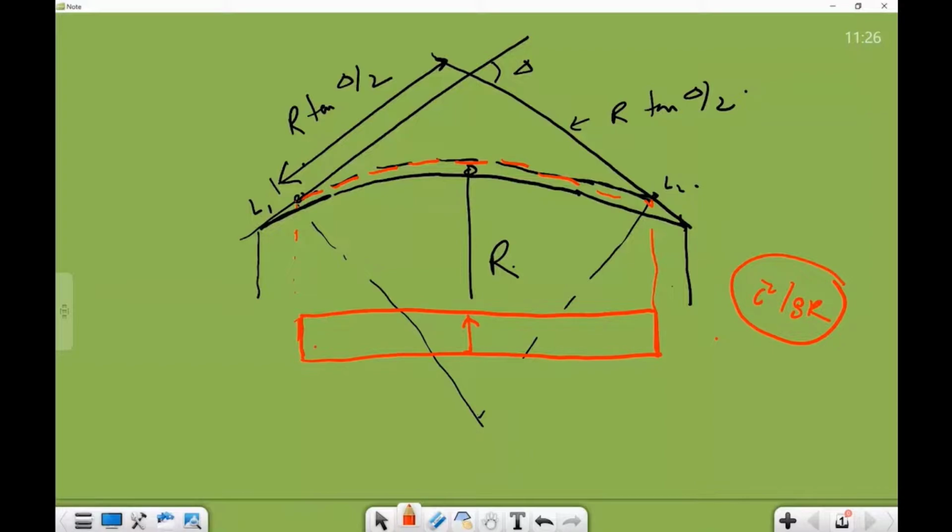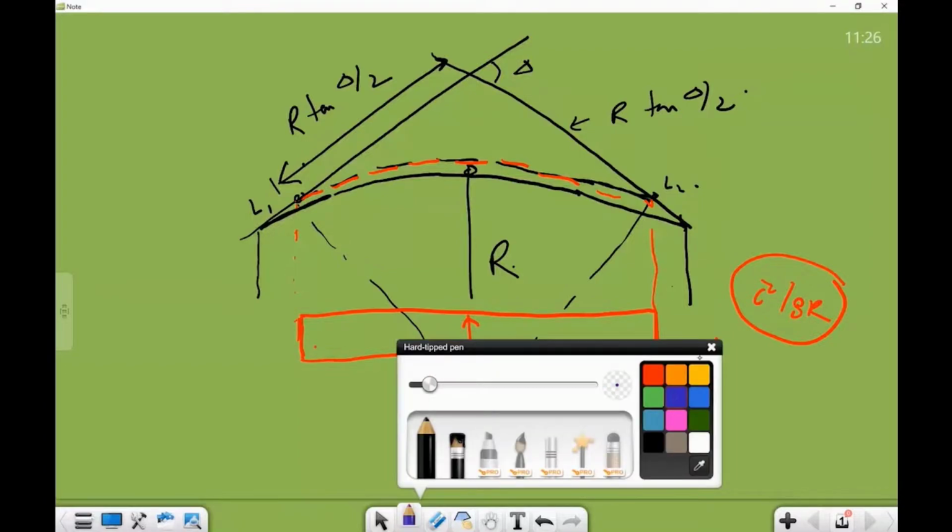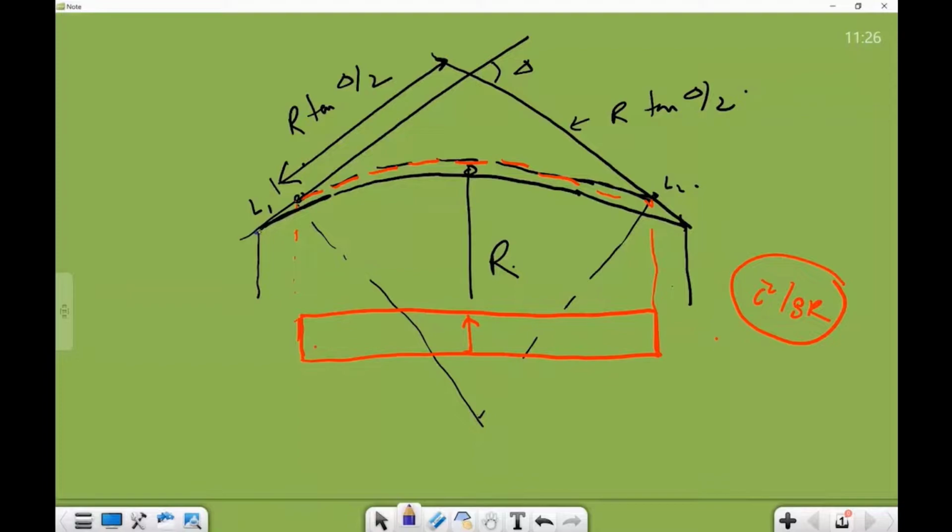When I provide a transition, my Versine diagram changes. Now if I provide a transition like this, this is my transition, this is my circular portion of the curve. These two lengths of transition are same.